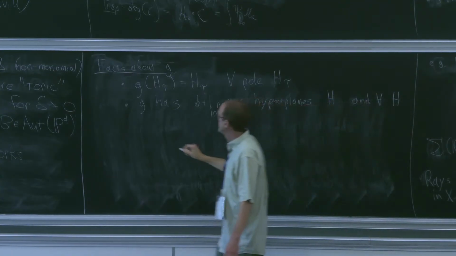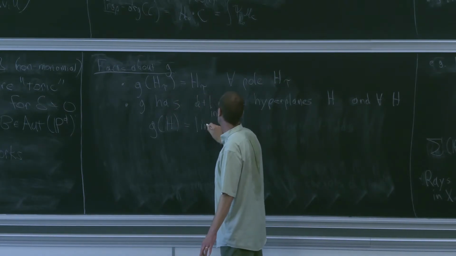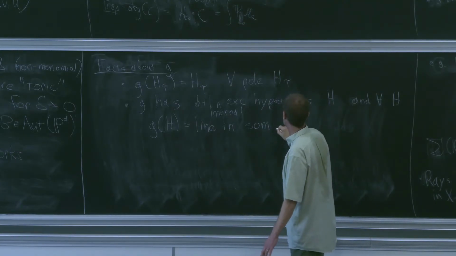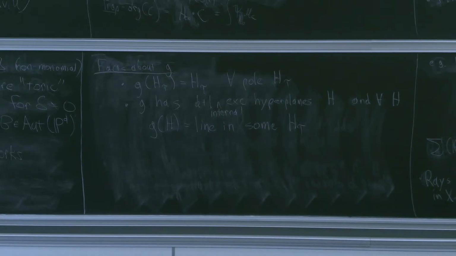And for each H, G of H is a line in some pole, okay? You can explicitly work out which poles contain these lines.